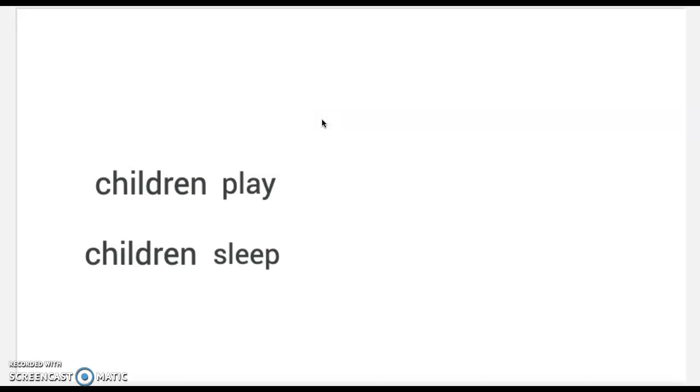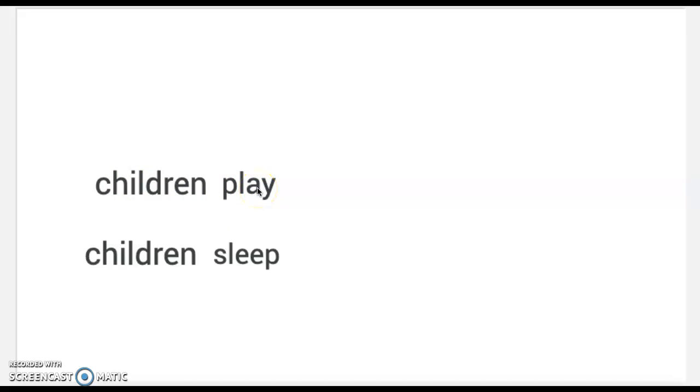Anything that has a subject and a verb makes up a sentence. Children play. Children sleep. Well, we know what the action is, playing or sleeping, and we know who is doing the playing, the children. Now, I know what you're thinking. Mrs. Albert, that cannot be a sentence because it's only two words. Well, as long as it's a subject and a predicate, it's a sentence.